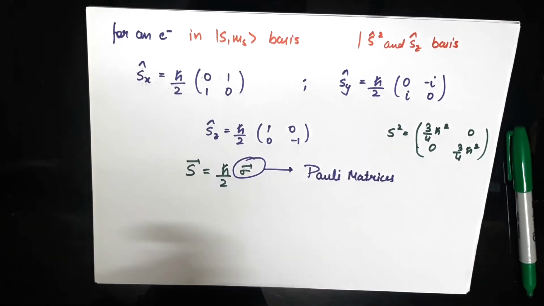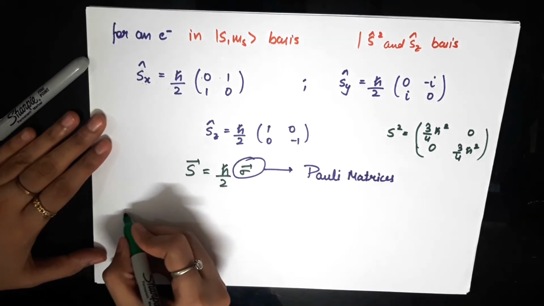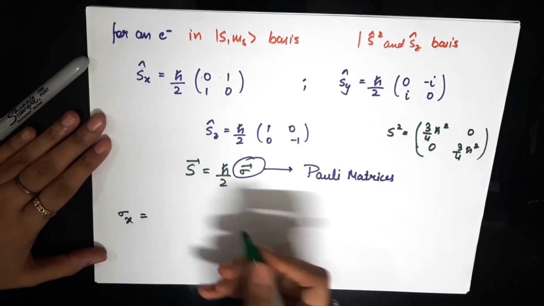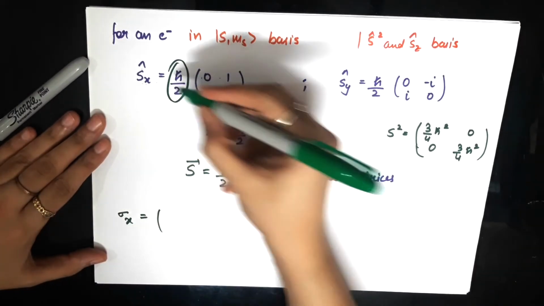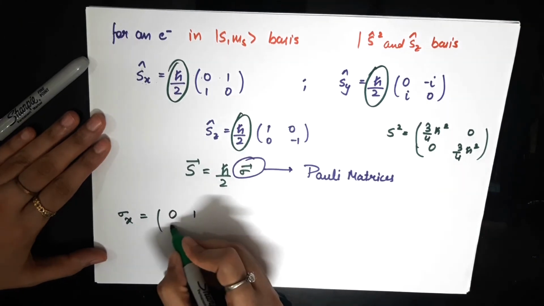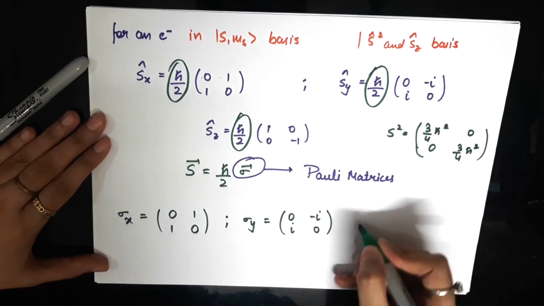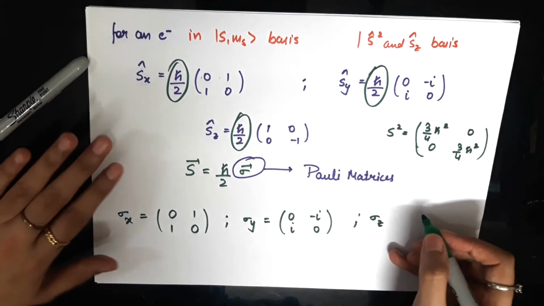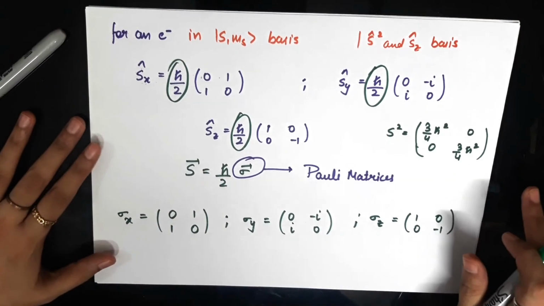In explicit form, it has three components, sigma x, sigma y and sigma z, and the exact form of these matrices, excluding these factors of h bar by 2, is: sigma x is 0, 1, 1, 0; sigma y is 0, minus i, i, 0; and sigma z is 1, 0, 0, minus 1. So this is how we define the Pauli matrices.